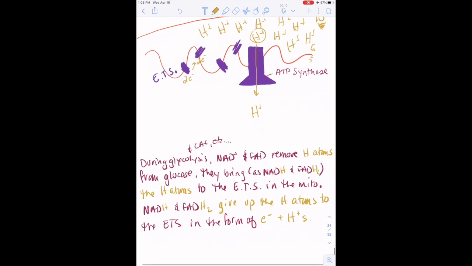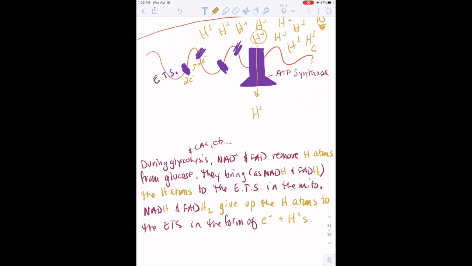The electrons get passed from protein to protein, while the protons get pumped across the inner membrane of the mitochondria.